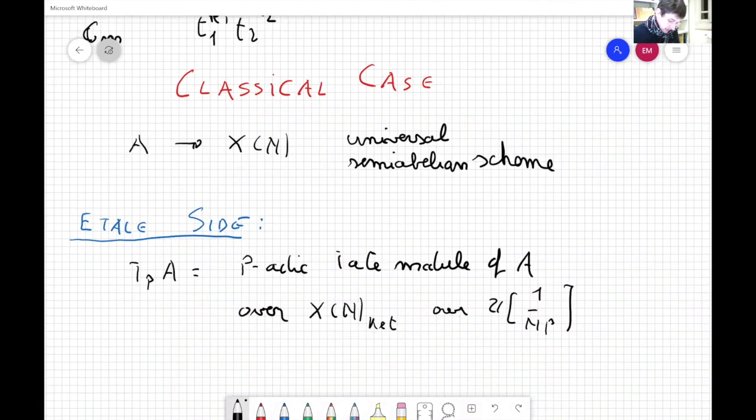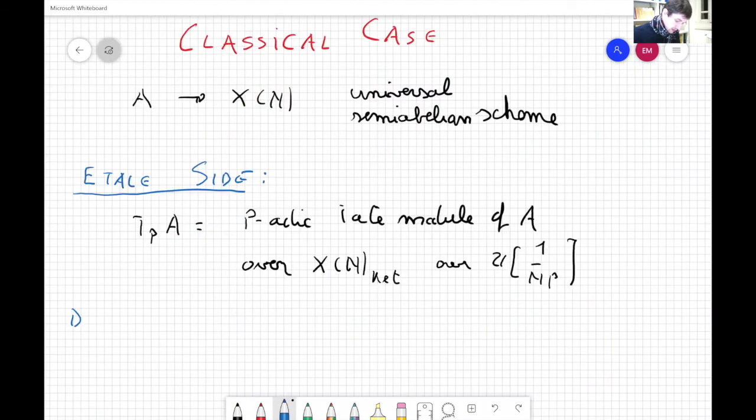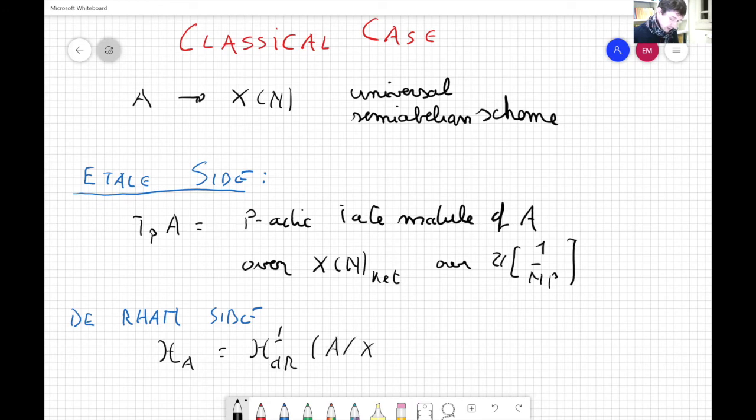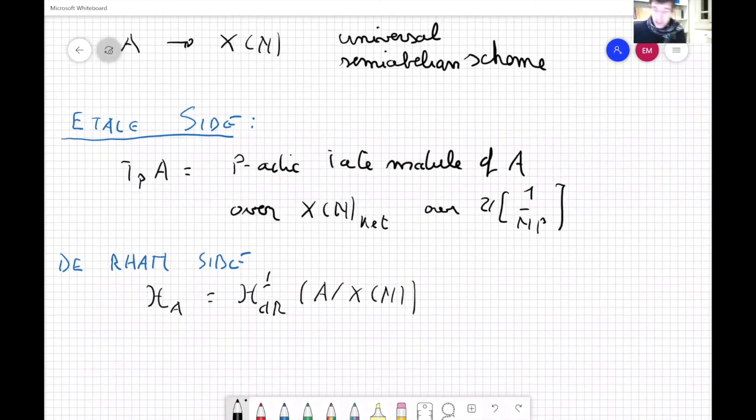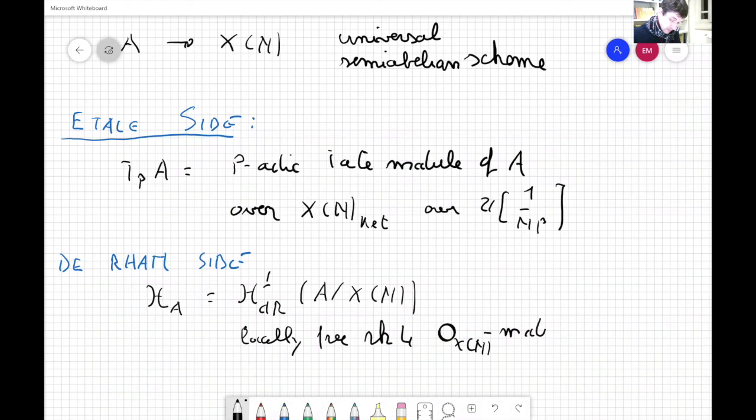And then I also have the de Rham side, and in this case I have the relative cohomology of A relative to X_n. Again, there is a way to extend it canonically to the cusp itself. So I consider it as a locally free rank 4 O_{X_n}-module.